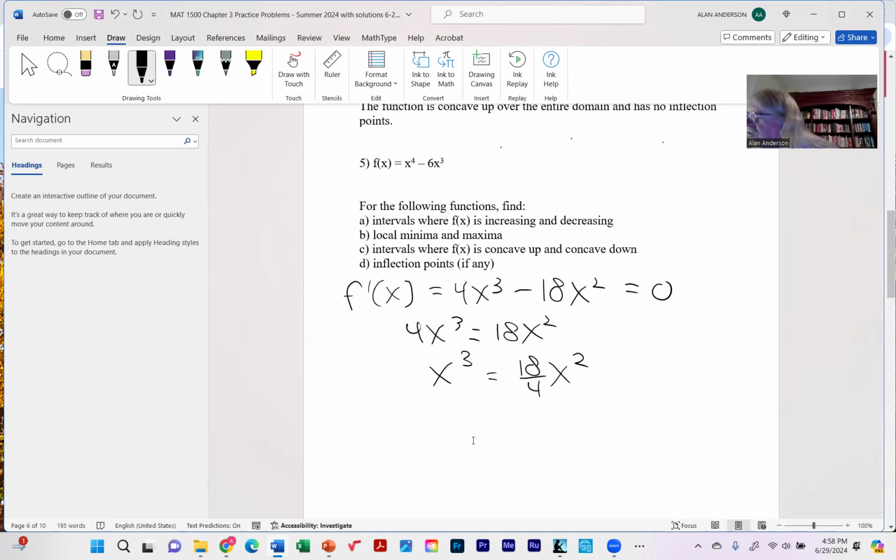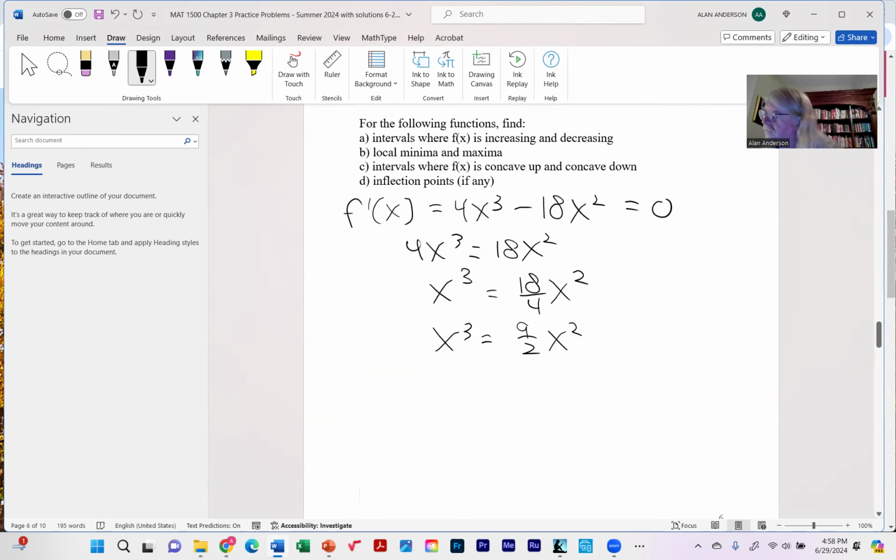And now let's just simplify this a little. And what does that leave us with? I'll tell you what, let's do this so that we can factor.